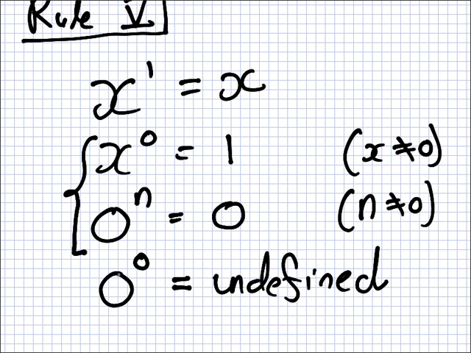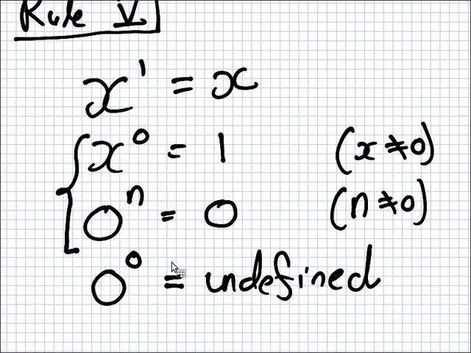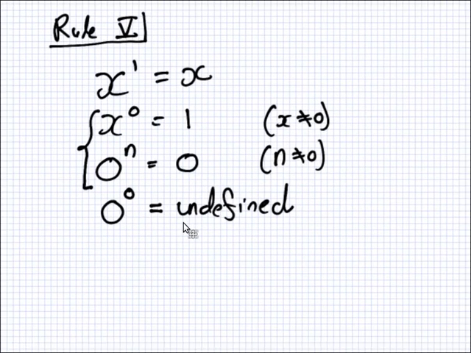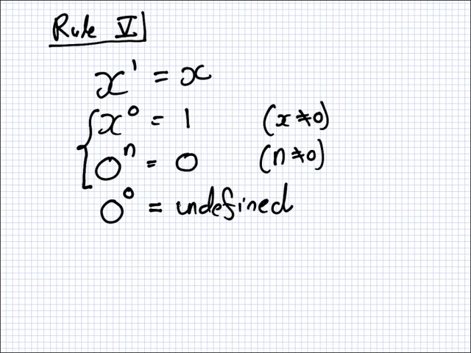Can't you use the 2 and take the average? 0 power 0 equals 0.5. Interesting, that's the trickiest one. That's wrong.